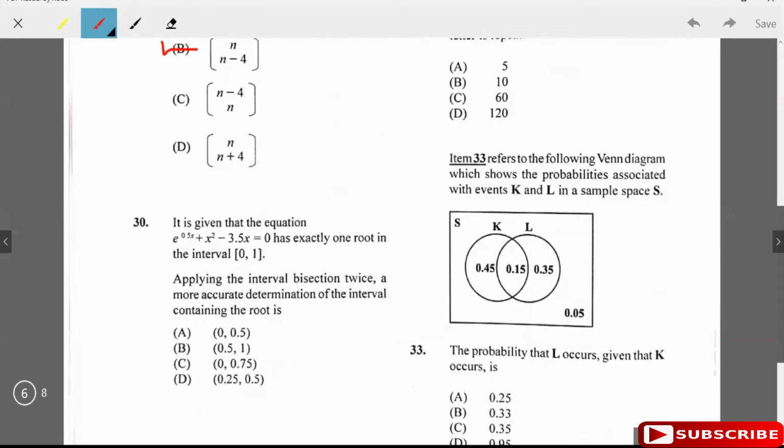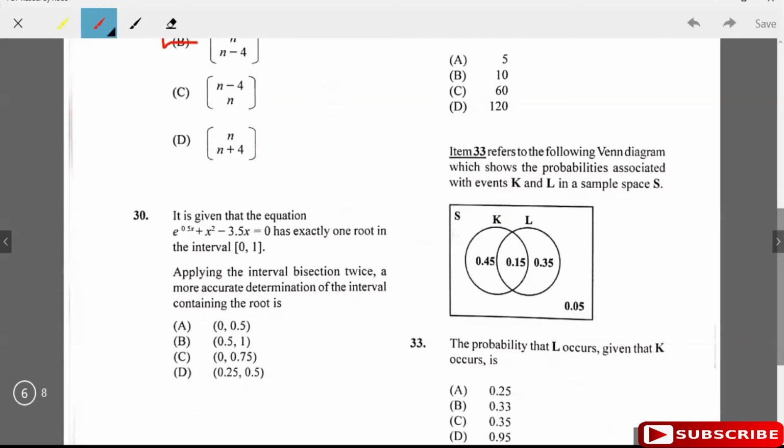Number 30. All right, question 30. This seems a new question. So it says apply the bisection method. This is a repeat question, I think so. Okay, well, let's just do it again. What we have to do is realize that f of 0 is going to be e to the 0, which is 1, plus 0 plus 0. So f of 0 is greater than 0. And then f of 1 is going to be less than 0.